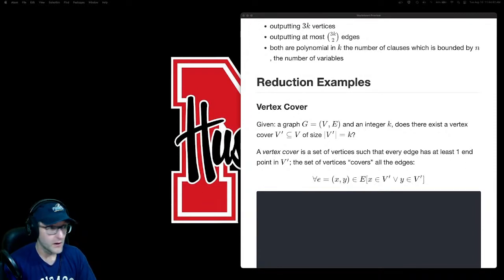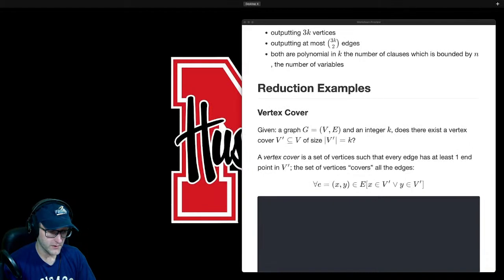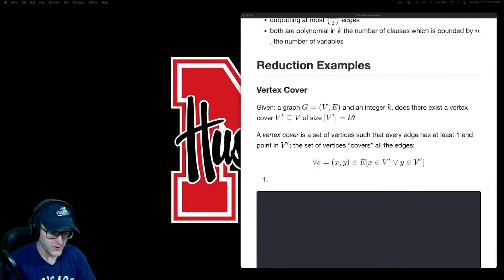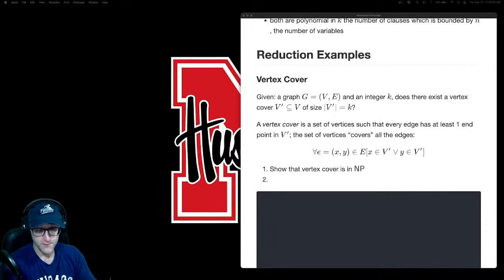Right? So where are we? All right, let's go through our 5-step process here. 1, we need to show that vertex cover is in NP. Not that we're showing that it's NP-complete, but as a first step, we need to show that it's actually in the set.